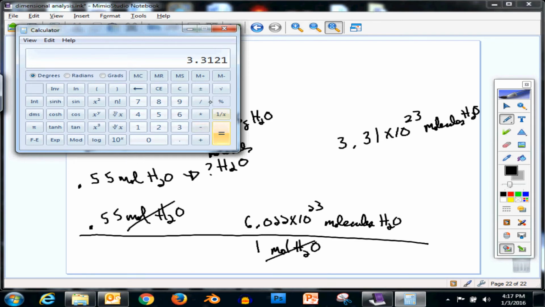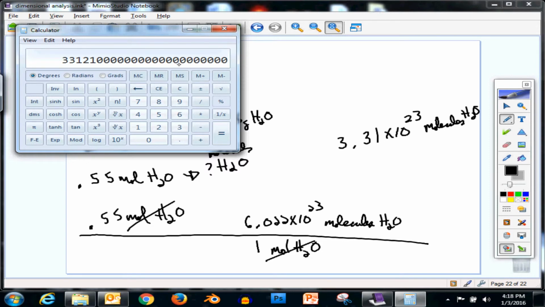The other way to do it is to completely plug it in your calculator. Some calculators may give you some problems with this, so you may need to see me individually based on the calculator you're using on your phone. Here's how I would do it in the calculator. I would do 0.55 times 6.022. Let's see, where's the double E button on here?